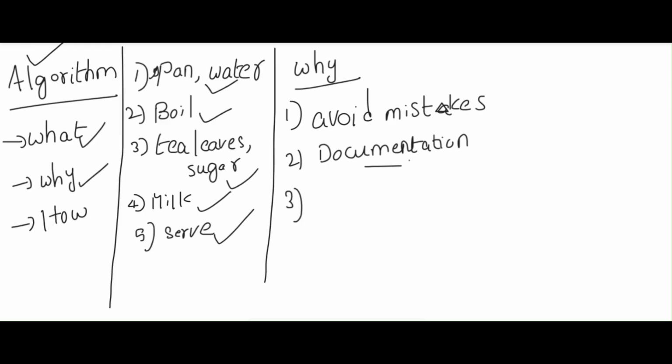Once you have documentation in your hand, you can implement that particular algorithm in any programming language. You will plan it once and implement it in many languages. So that is the purpose of writing documentation. Now we know why do we need an algorithm.